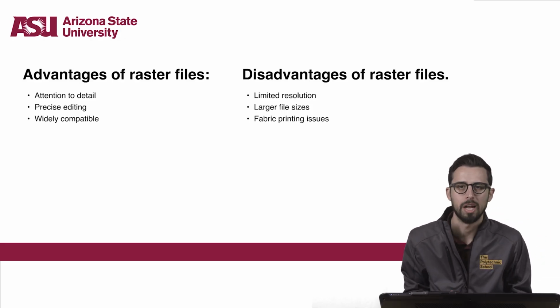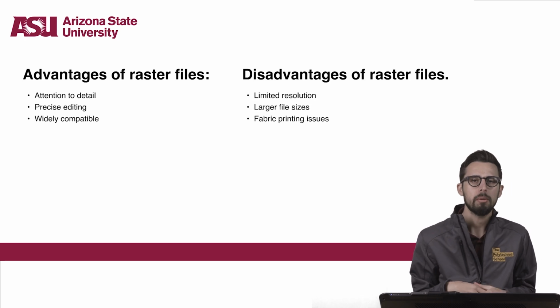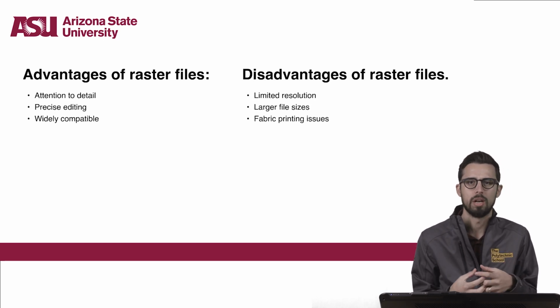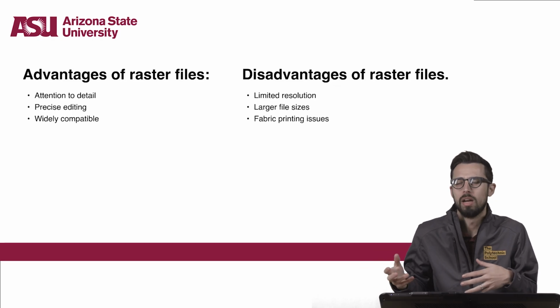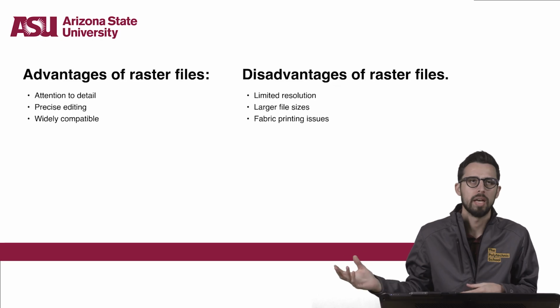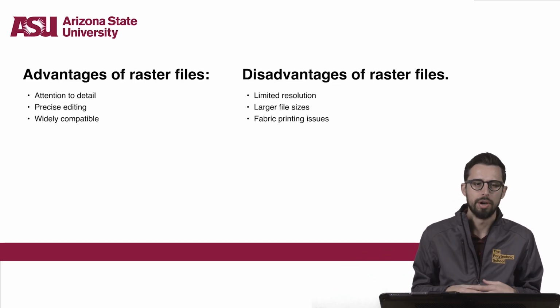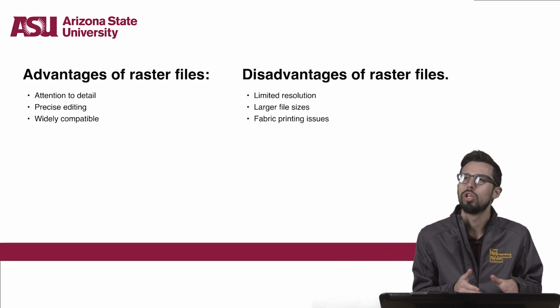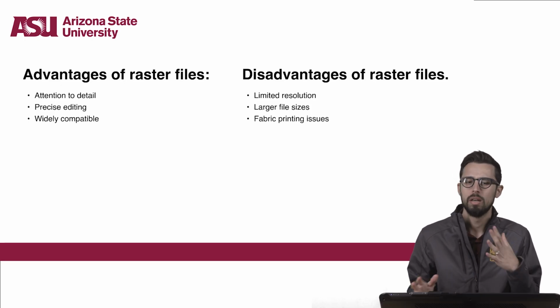We'll get to that in another lecture. For this reason, vector images are a more common choice when creating things like t-shirts and fabric prints, though, like I mentioned, there are some solutions coming out nowadays that can mitigate this.